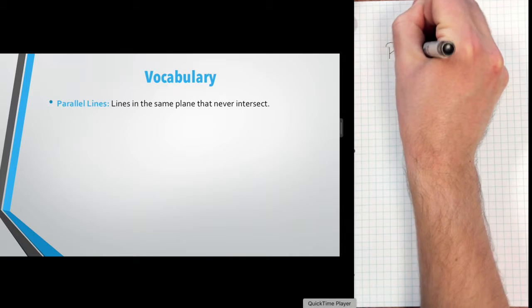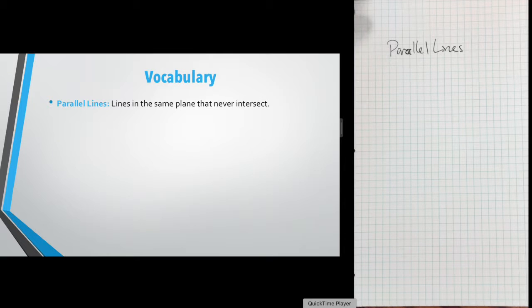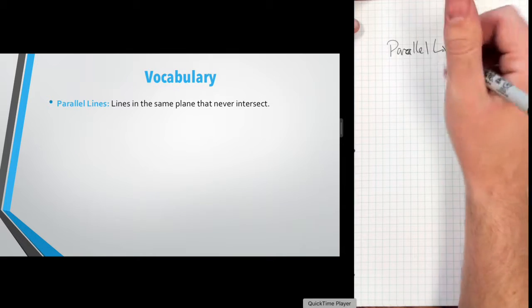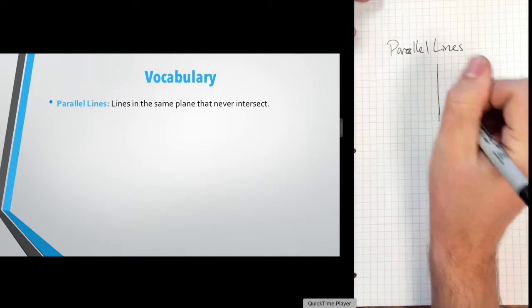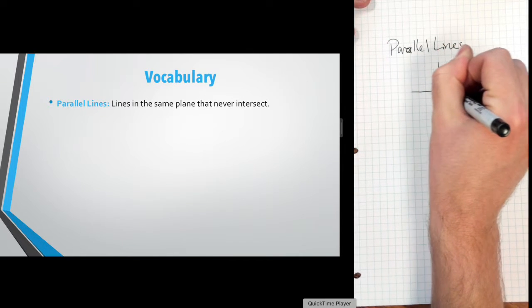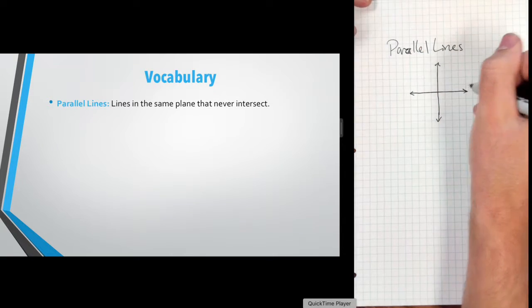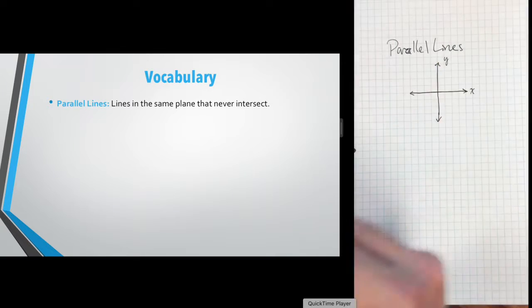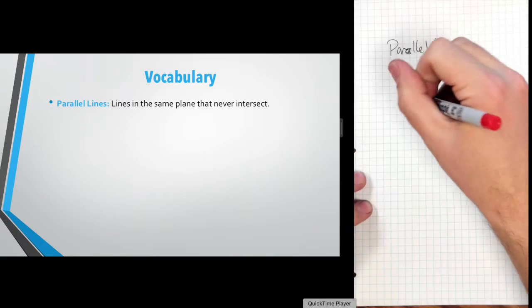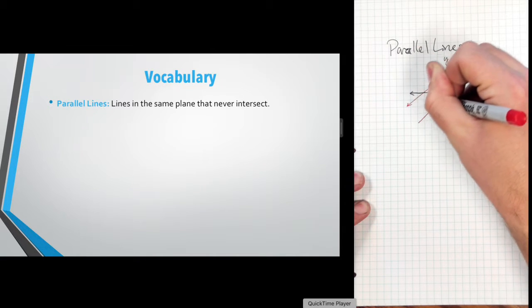Parallel lines. So you've probably seen them, like I said before. However, when they're in a graph, sometimes we're not quite used to seeing them. But if we have our coordinate plane, then parallel lines could look something like these red lines right here.